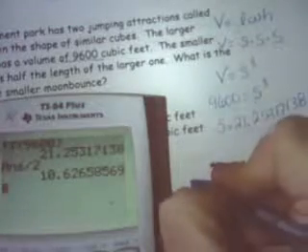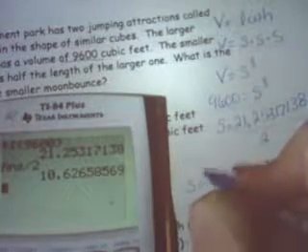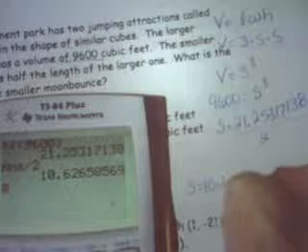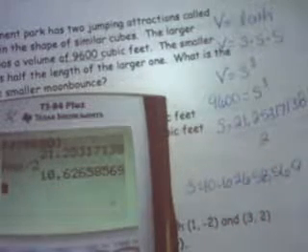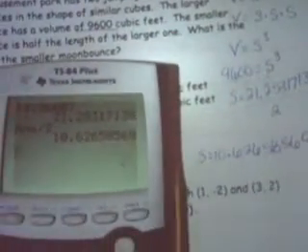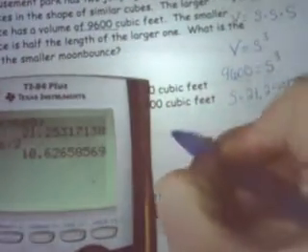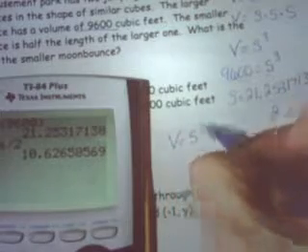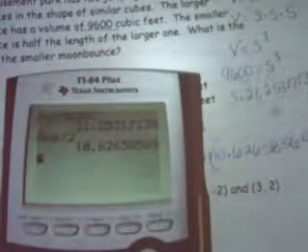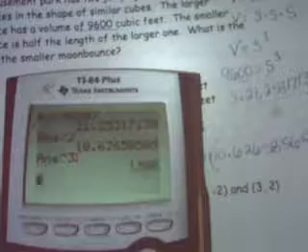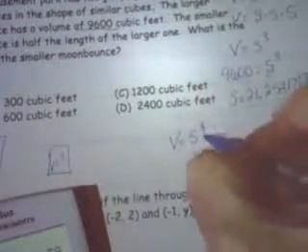So the side of the smaller cube is 10.62658569. I really don't want to keep entering that into my calculator. But since I know volume is s cubed, and I know that s is this right here, all I have to do is take that amount to the third power. So the volume is going to be 1200.